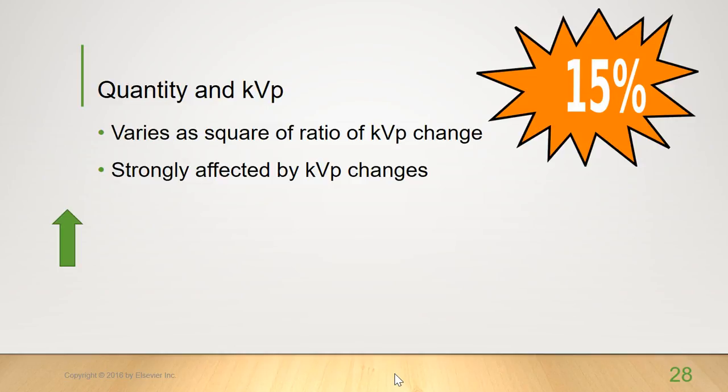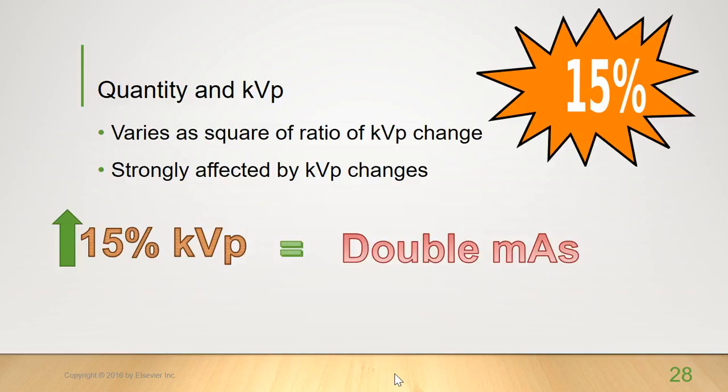Now, I'm sure you've already heard this, and maybe you've even already done some problems with it. I can tell you, you will have some problems that you'll have to do this. So the 15% rule applies when changing the kVp to affect exposure to the image receptor. A 15% increase in kVp is equivalent to doubling the mAs.